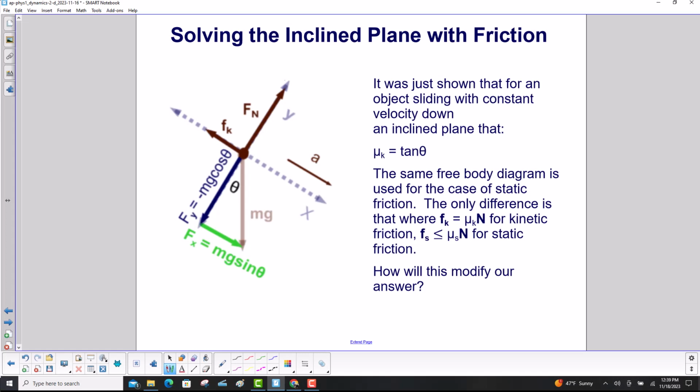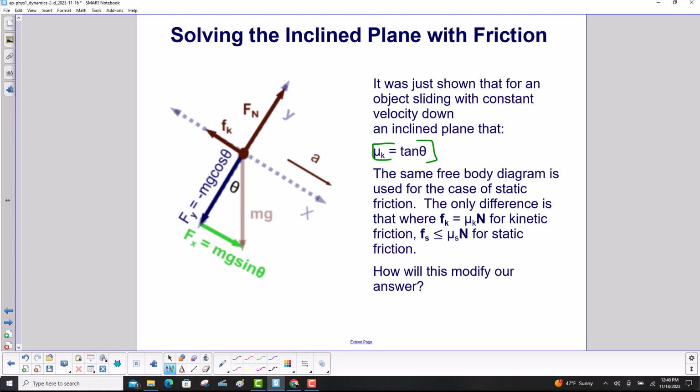We just showed that for an object sliding with constant velocity down an inclined plane, mu k has to equal tan theta. We're going to use the same free body diagram this time for the case of static friction. The only difference is that where kinetic friction equals mu k times normal, static friction F s is less than or equal to mu s times the normal.